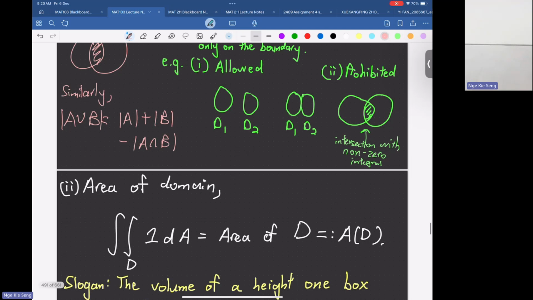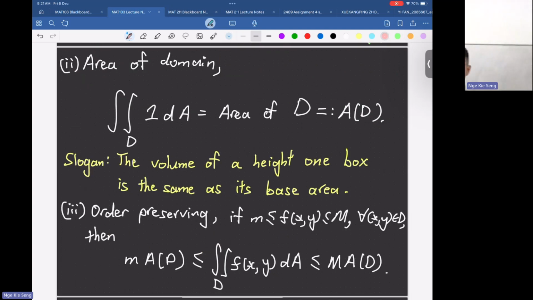Okay. Next, area of the domain. In principle, volume under a surface is computed using a double integral. But if you integrate the constant function 1, really what you do is compute the area of D, or the area of your domain.